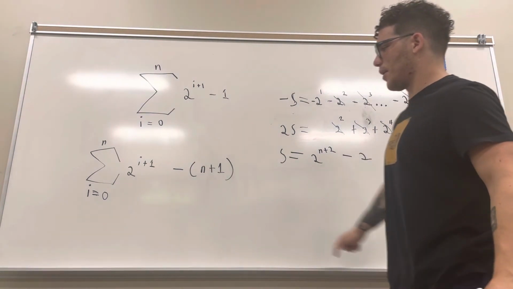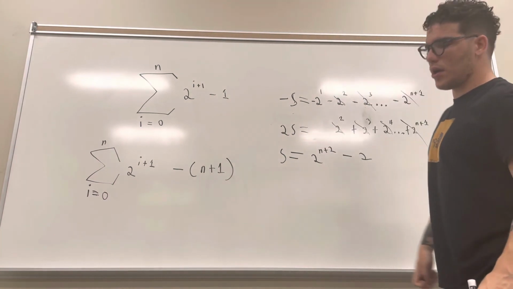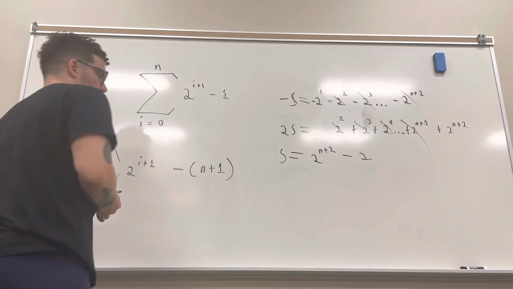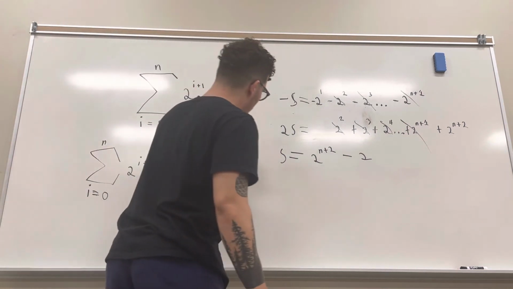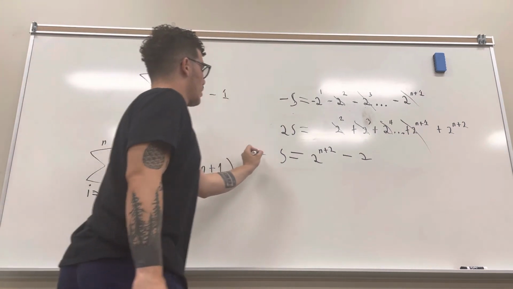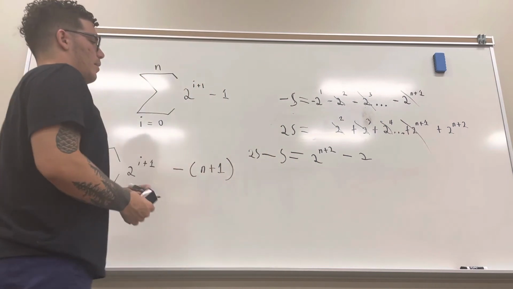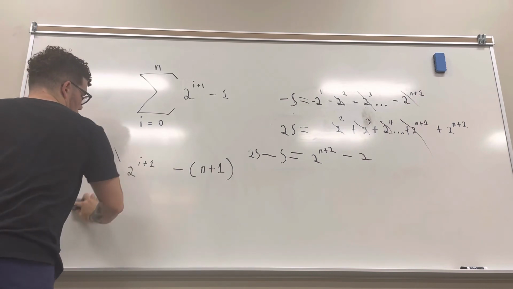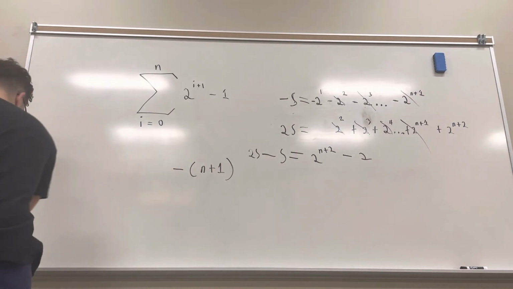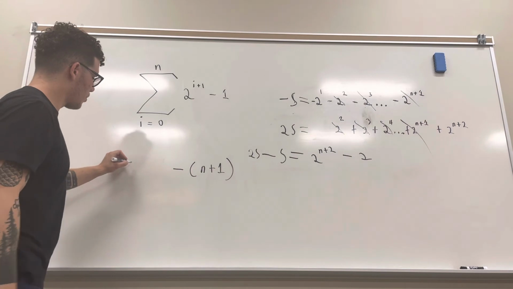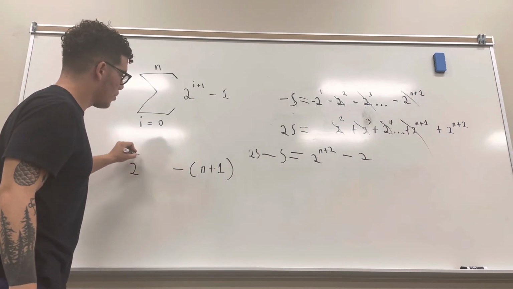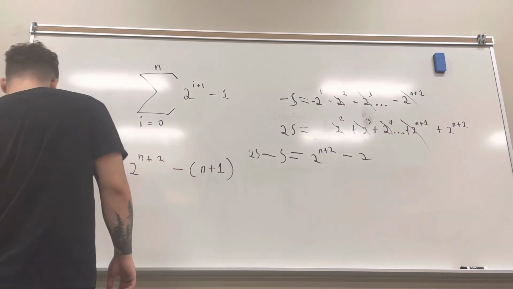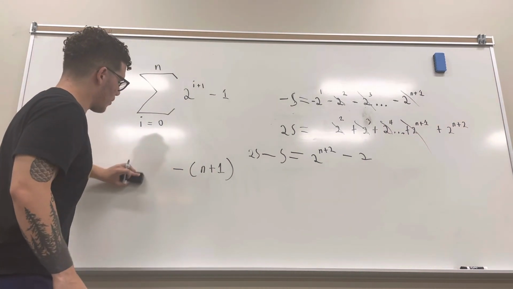So sweet, now we can plug that in for this summation. Remember, this was 2s minus s, and that's how we got that. So we erase this and plug in what we got for our answer, which is 2 to the n plus 2. Need more space. Focus. Let's write it backwards.